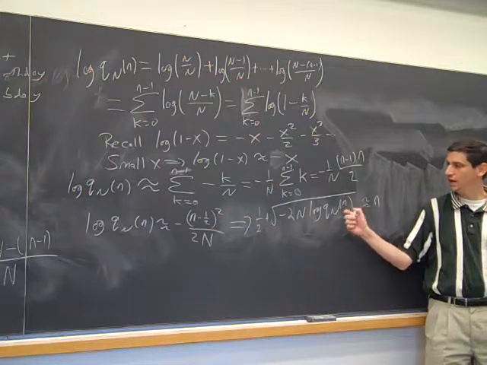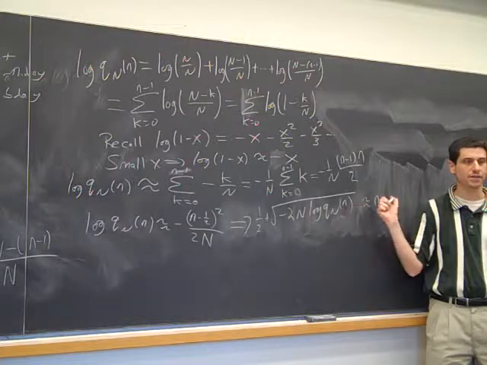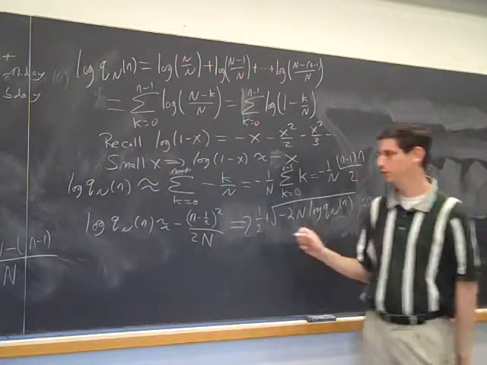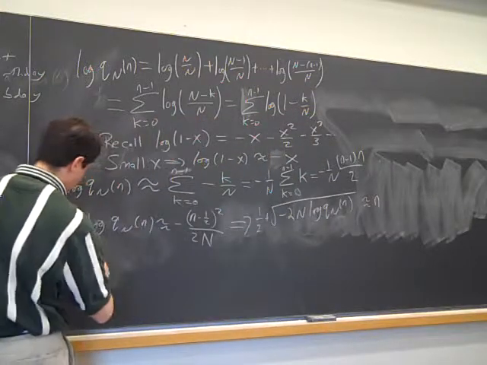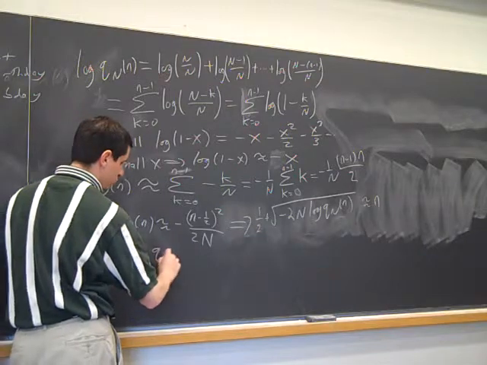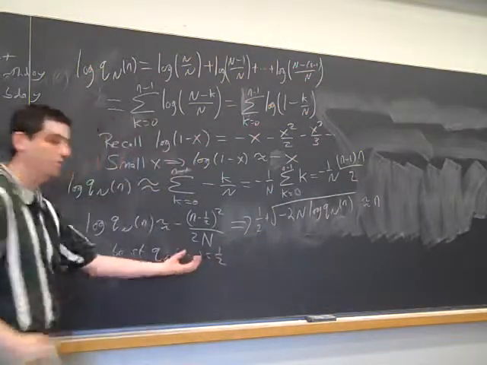Why am I doing this? Well, if I take the very special value of n such that this equals 1/2, that's going to tell me what n I should take. So let n_{1/2} be such that q_N of n_{1/2} is 1/2. That's the value of n I'm searching for.